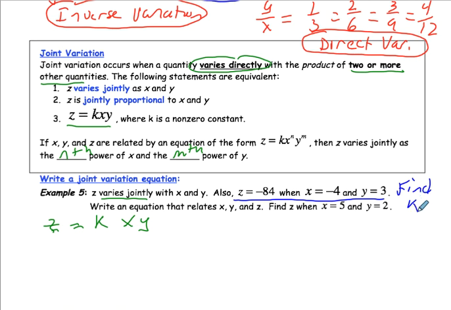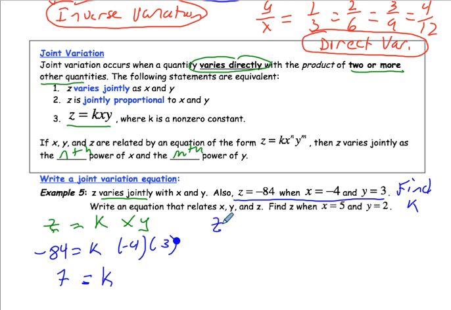So z is equal to negative 84 when x is equal to negative 4 and y is equal to 3. So if we solve this, we're going to get k is equal to negative 84 divided by negative 12. So k is equal to 7. And then we have to substitute this back in to get our model.